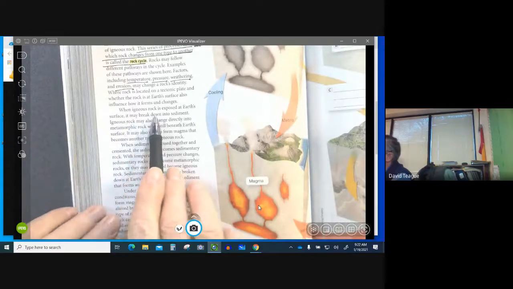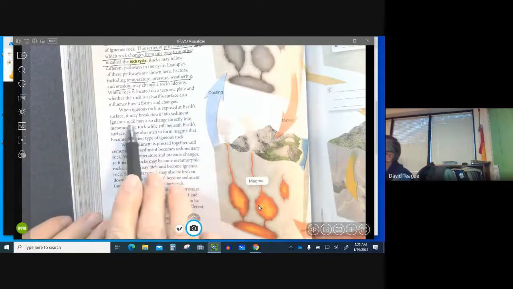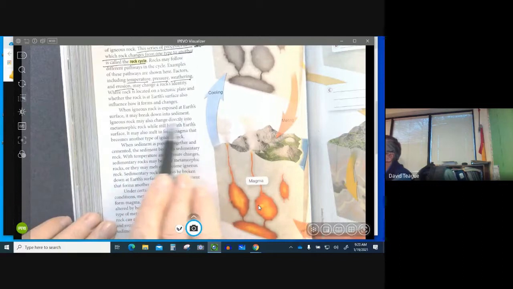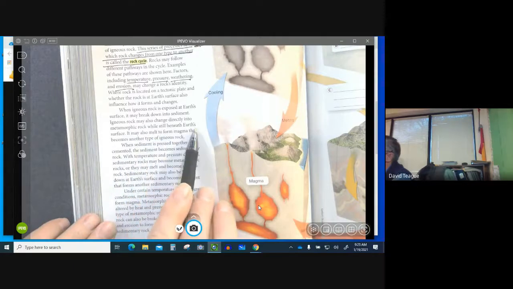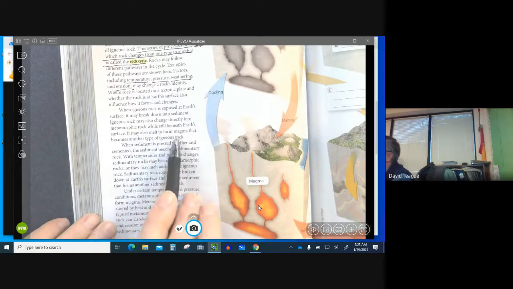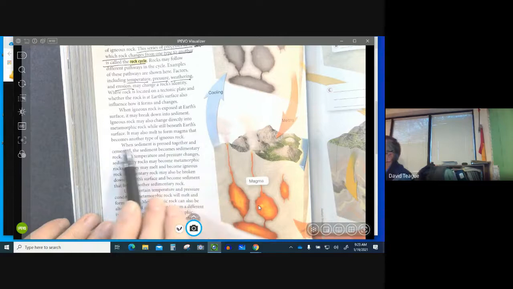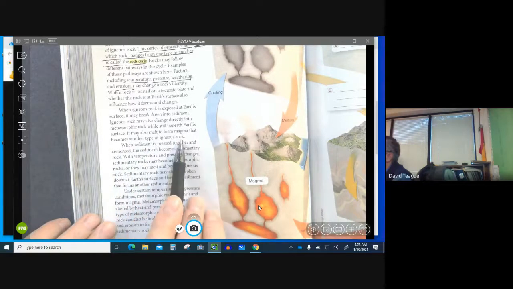When igneous rock is exposed at Earth's surface, it may break down into sediment. Igneous rock may also change directly into metamorphic rock. While still beneath Earth's surface, it may also melt to form magma that becomes another type of igneous rock.